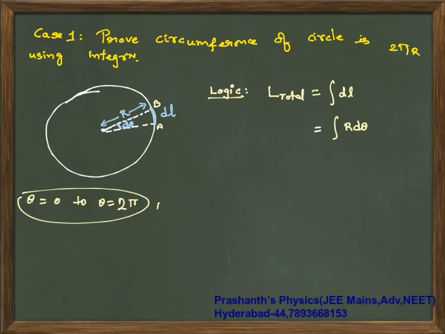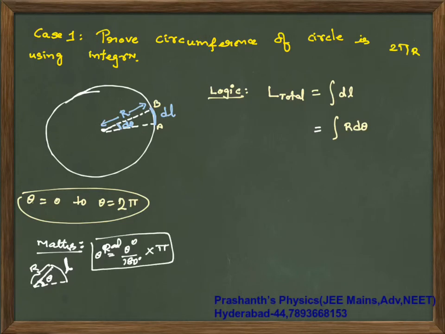And if you are worried how you are getting dl is equal to r d theta, so in maths, you must have studied, if you have an arc like this, if this arc length is L, and if this is theta, if this radius is r, theta in radians is theta in degrees by 180 degrees into pi radians.